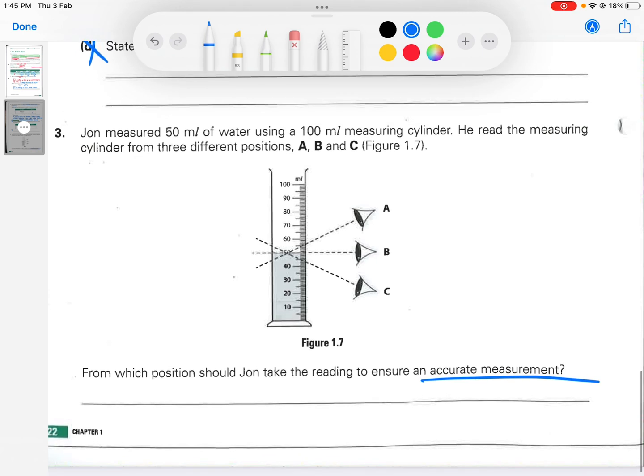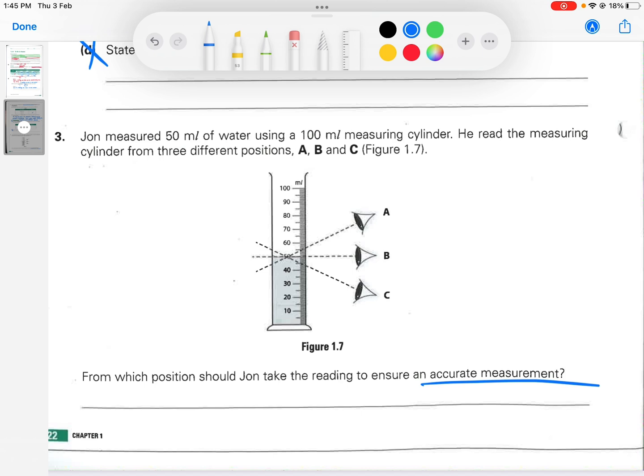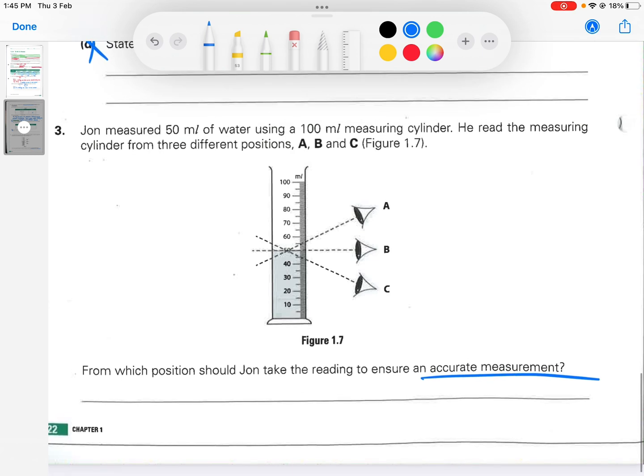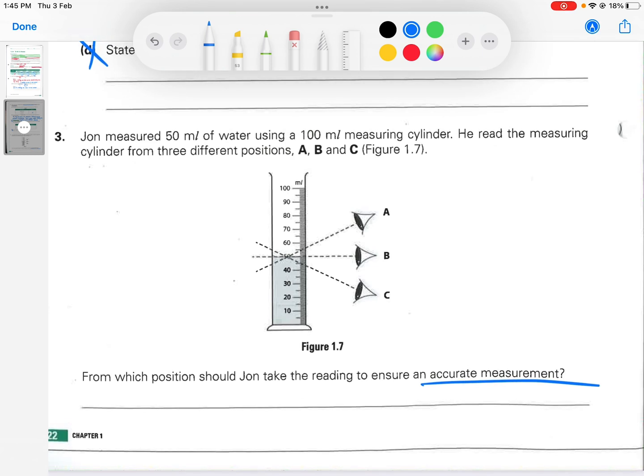So this question is about how the person should do the reading properly to avoid the parallax error. What's your answer? Is it A? Is it B? Is it C? Remember to avoid the parallax error.